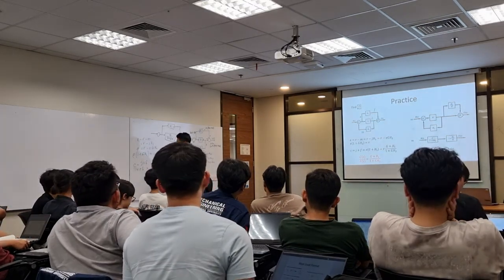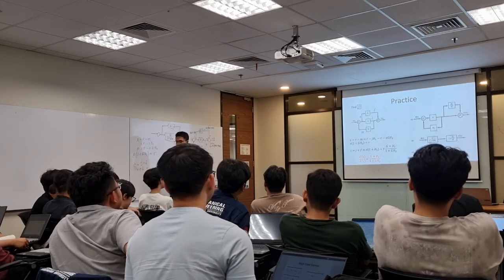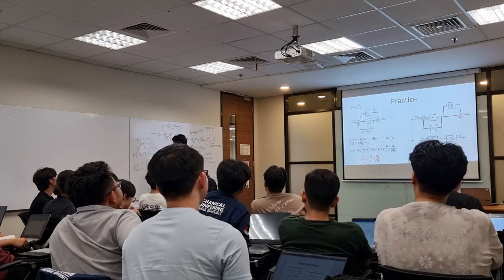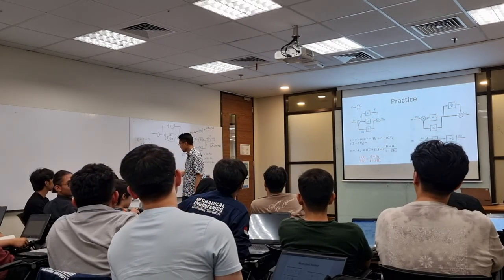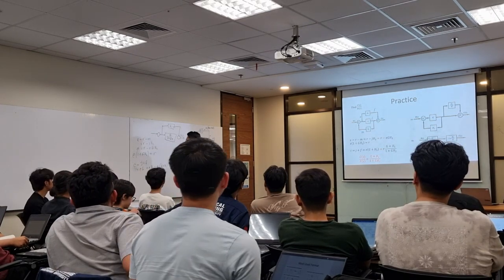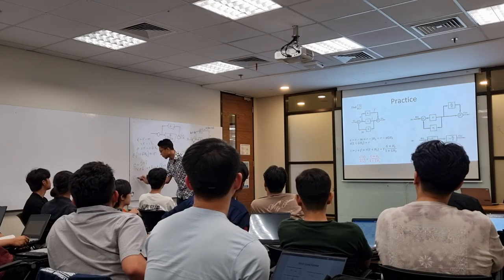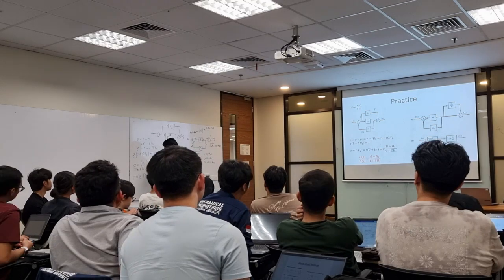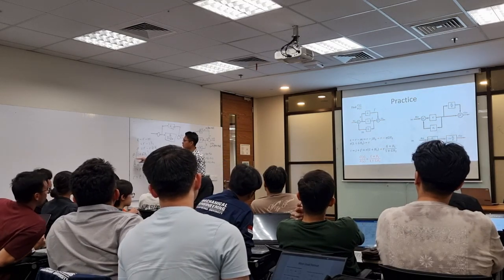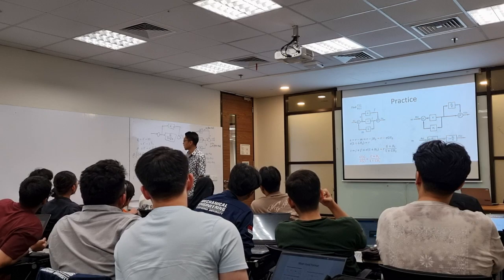E times H1. So this is equal to E times G plus H1. Now I get the relationship of C and E. I just have to replace with this.